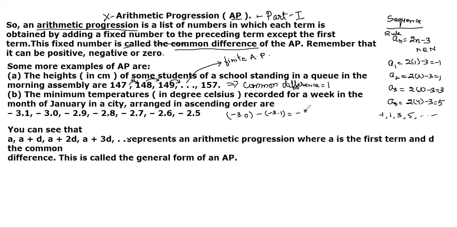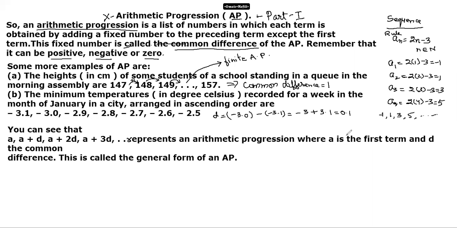So you get minus 3 plus 3.1, which is 0.1, positive. It can be negative, it can be positive, it can be 0 also. If it is 0, then all terms are the same.